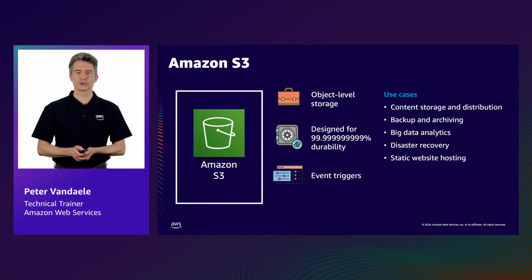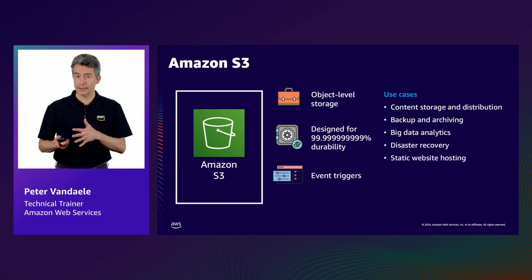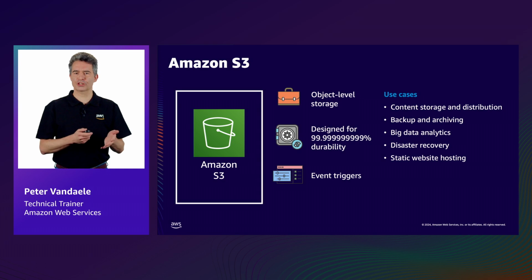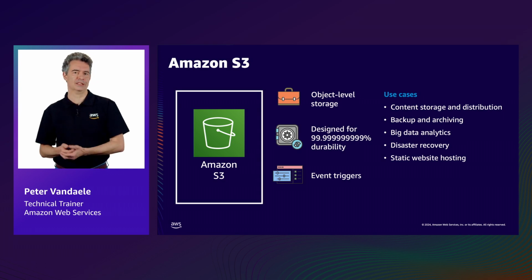Similar to our pricing models with EC2, S3 has what is called storage classes. Each storage class ranges from immediate accessibility for hot data all the way through to archival options with long access time for cold or frozen data. You can choose the storage class depending on your access patterns.